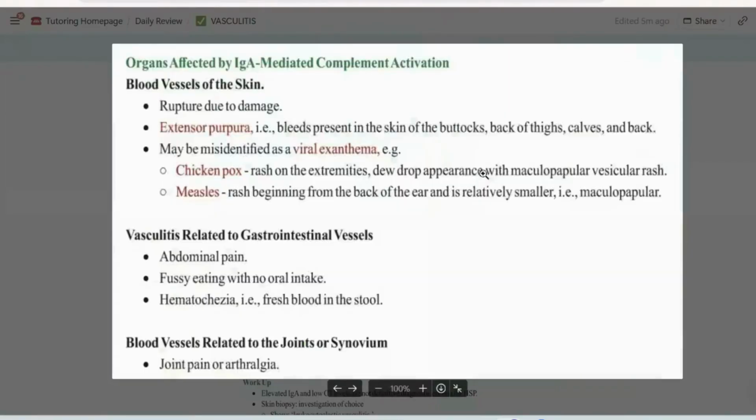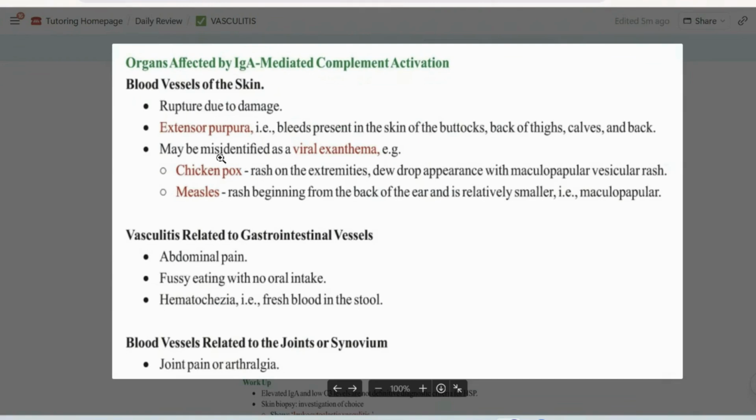Now, let's just quickly see if there's any other information that we are missing out. Blood vessels of the skin, extensor purpura, may be misidentified as a viral pediatric rash, right? So chickenpox or measles, usually they present with rash on extremities. They have a maculopapular vesicular rash. So they have every different type: they have a macula, they have a papule, they have vesicles. They have all different types of characteristics when it comes to chickenpox, right?